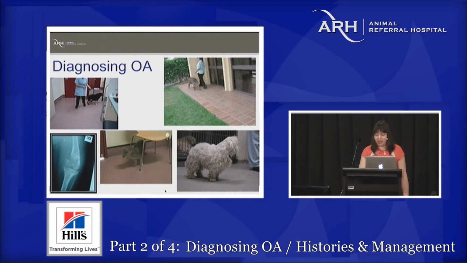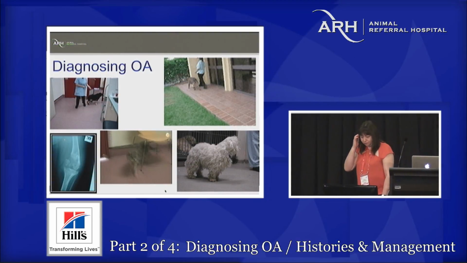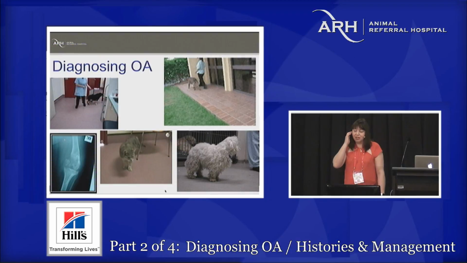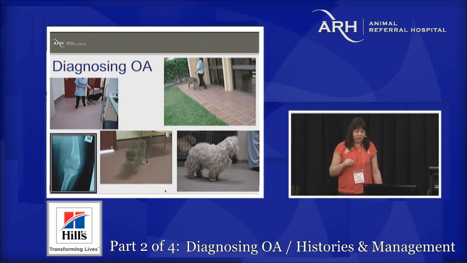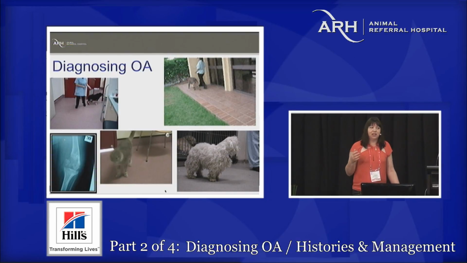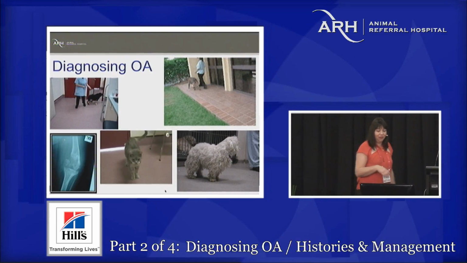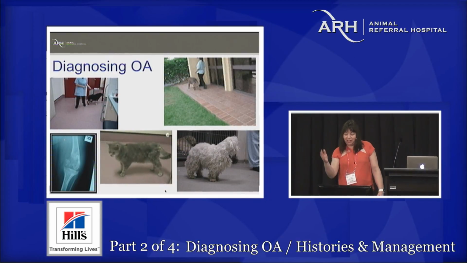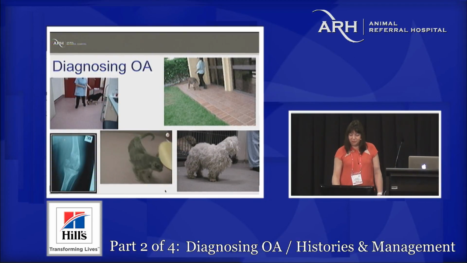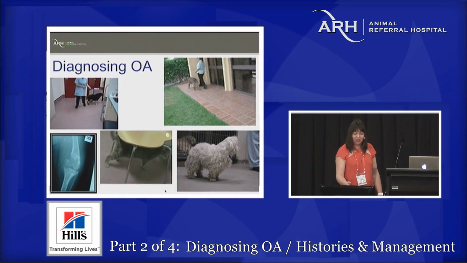Okay, we don't see too many cats. Here's a cat that's lame. Is this osteoarthritis? Go on, move. Do you find it's really hard to do lameness exams on cats because they don't walk? And they just go. Walk, go on. Okay, so this cat there has proprioceptive deficit in its left hind leg.